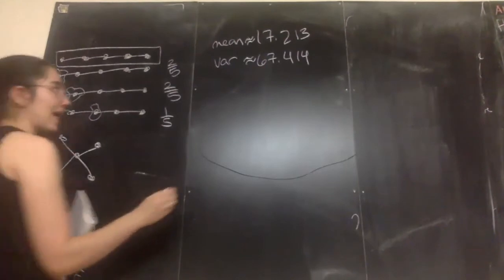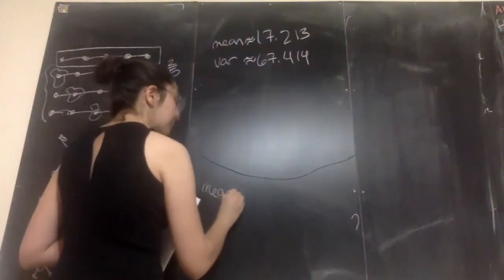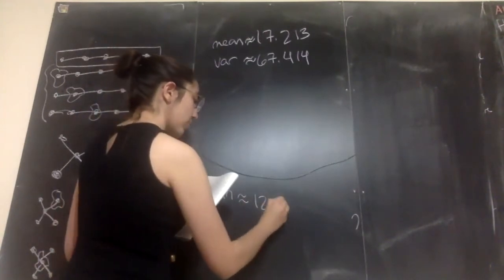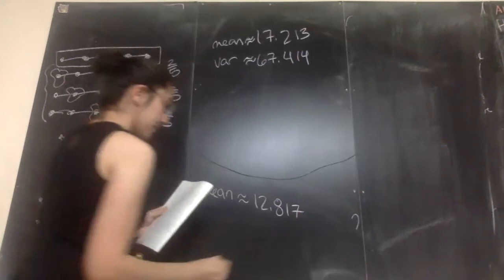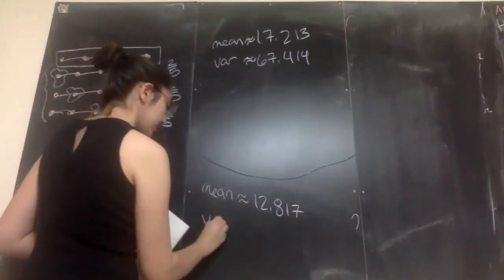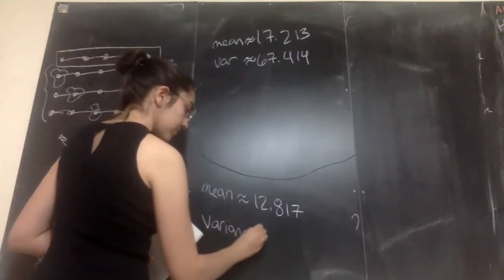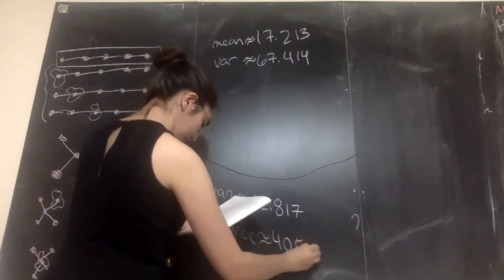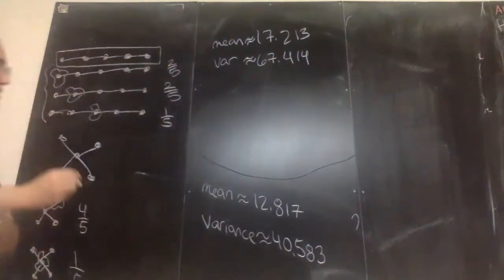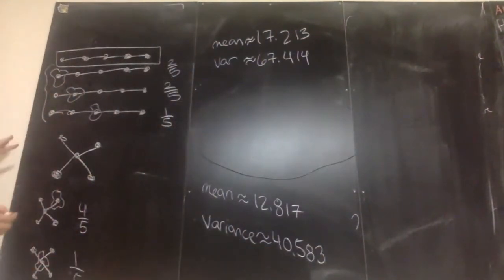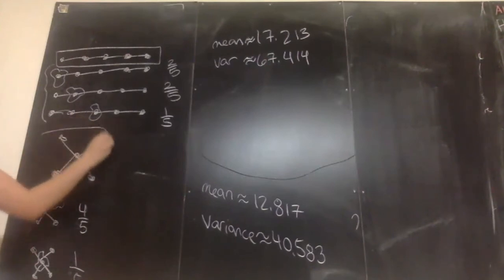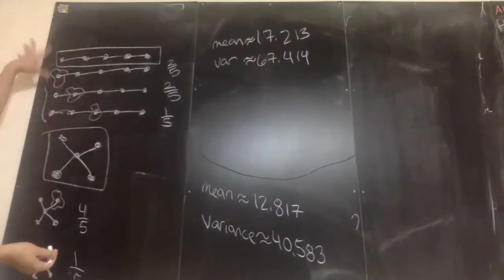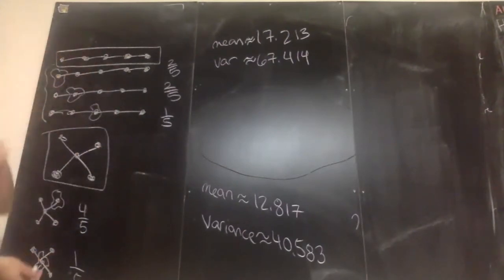So for this graph, we have a mean of approximately 12.8 and a variance of approximately 40.5. So as you can see, this graph with the smaller diameter has a much lower mean and a much lower variance than this graph with the larger diameter.